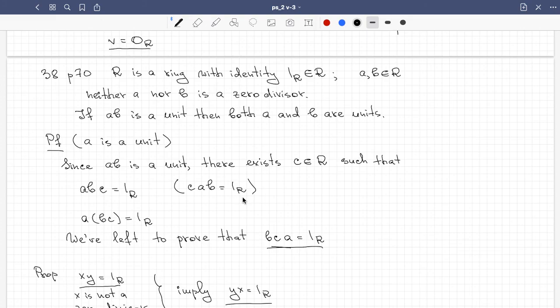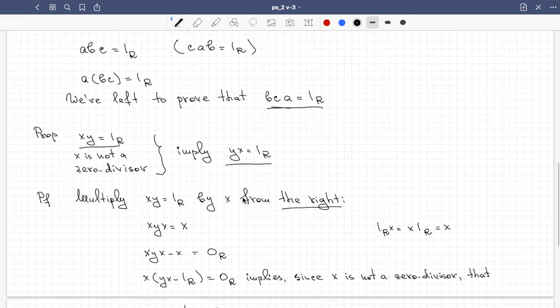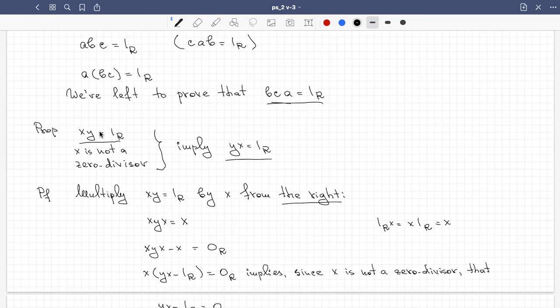So I wanted to show you this problem because I wanted to show you this trick, and besides this trick, I wanted to attract your attention to non-commutativity that may be quite subtle.